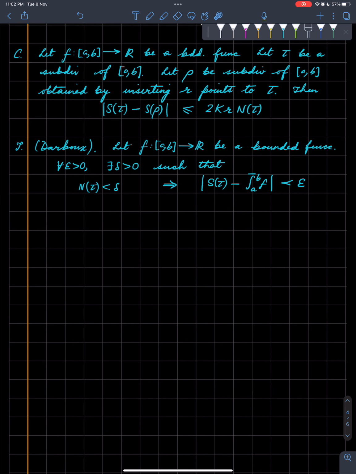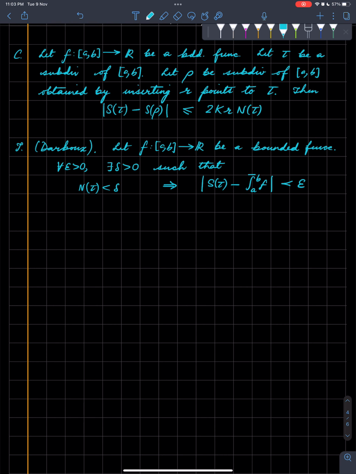So it says that if you take a fine enough subdivision, given an epsilon, meaning its norm is less than some delta, then the upper sum corresponding to tau approximates the upper integral very well, meaning up to epsilon.